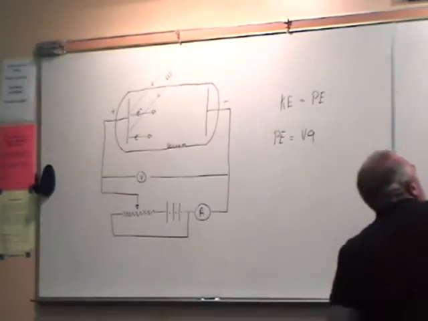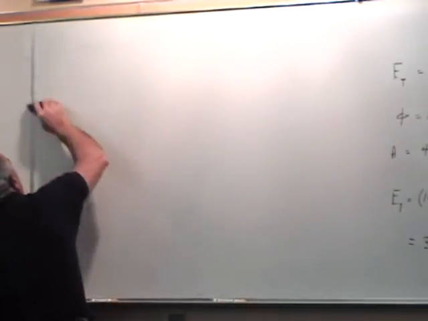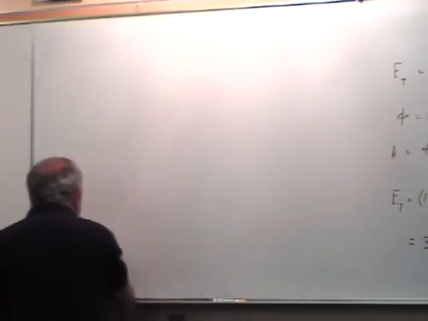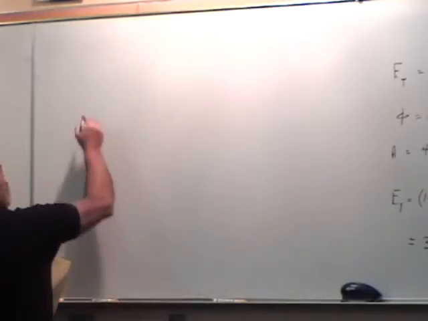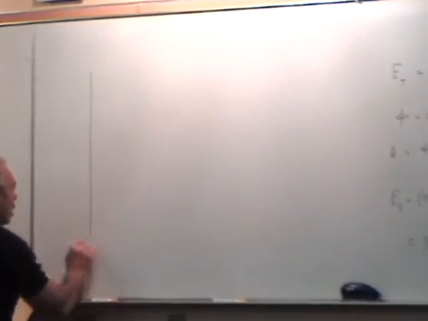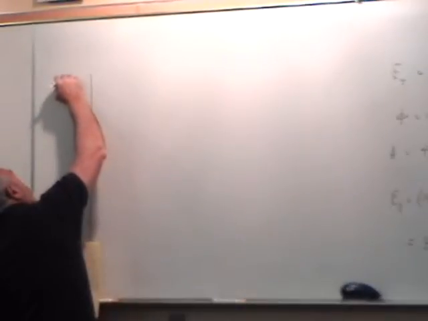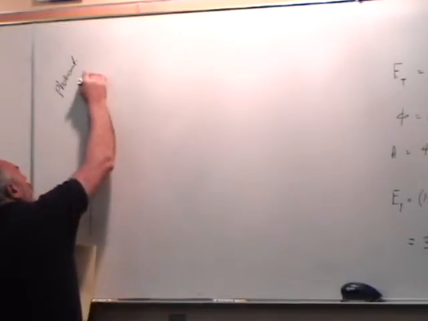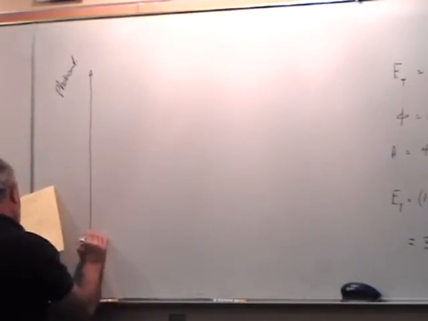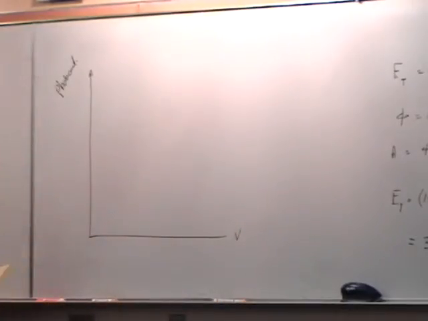Now what I'd like to do is show you schematically what the results are when you first start doing the experiment, because there's a small curiosity here. I'm going to plot on the vertical axis the photocurrent, and the retarding potential, V, on this axis here.